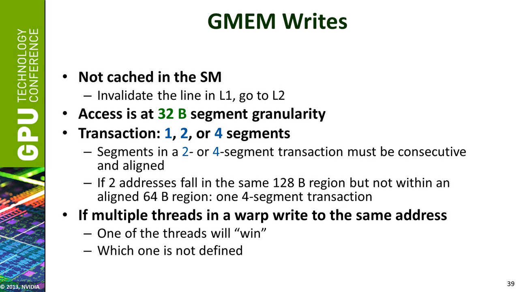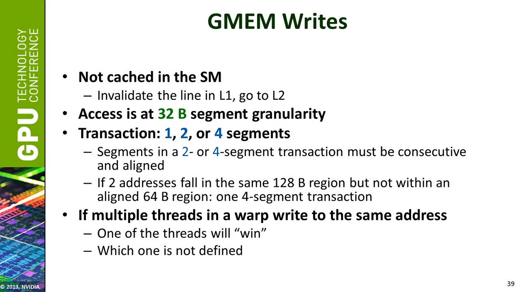Accesses are 32-byte granularity. And a set of 32 addresses will get converted into transactions of 32 bytes. A transaction can be 1, 2 or 4 segments, each of which is 32 bytes, and they have to be aligned and so forth. I have an example that will clarify this rule.